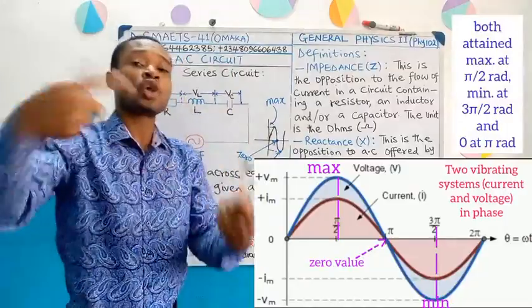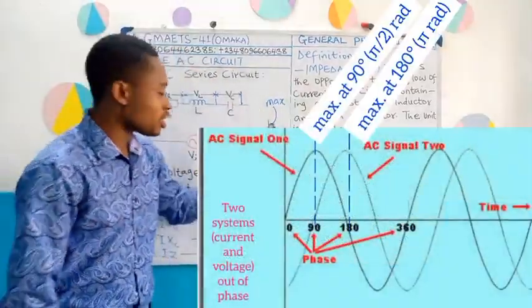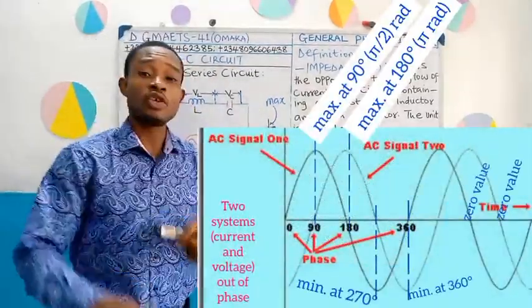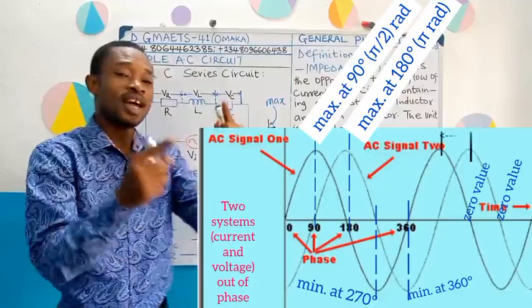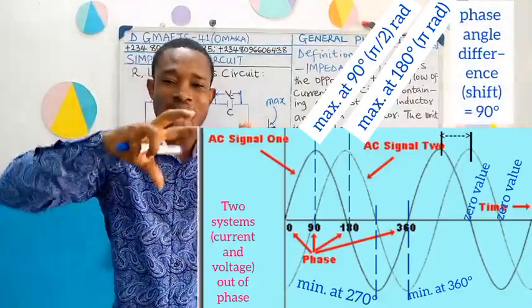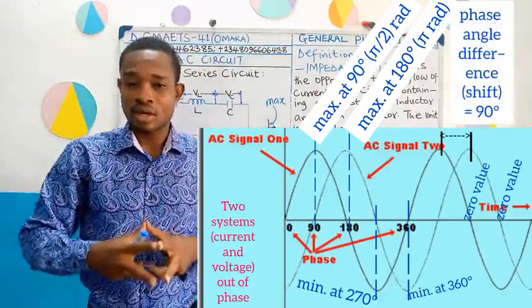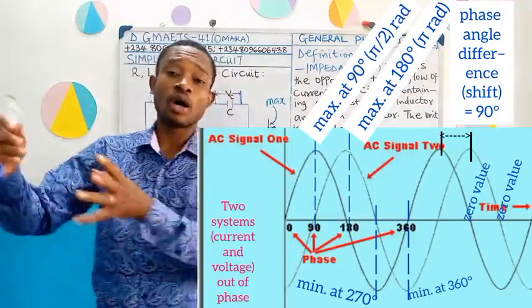But if they are out of phase, it means that one of them will reach its maximum or its minimum or its zero value before the other one. And if you sketch a graph on that, you will see that there will be no coincidence, no point of intersection, no simultaneous meeting by these two vibrating systems. Then you can say that they are out of phase.